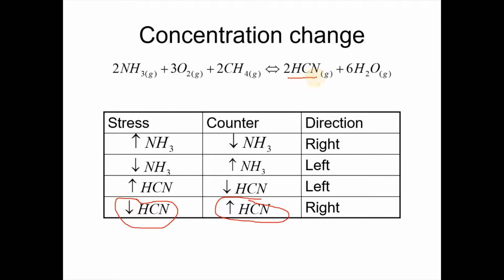Once again, HCN is right here. We got to go to the side toward it. So therefore, our arrow points to the right, which means that we're going to increase the amount of H2O and decrease all three of these guys over here. Okay. And so this table basically shows you just about everything that can happen when there's a concentration change.